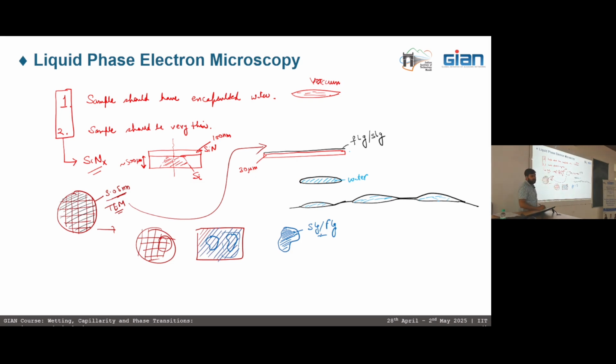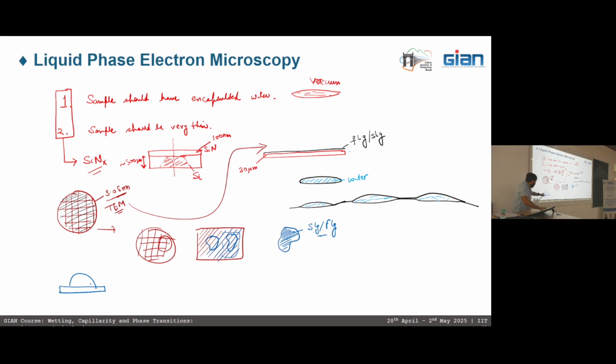I'll just show you the side view. So this is our grid, and this is the droplet which we have on top of it. When we put this grid on top of it, a sandwich will be formed, and due to the capillary forces, the water will evaporate, and this will pull the grids towards each other, and then we have liquid encapsulated between the two single layer graphenes.